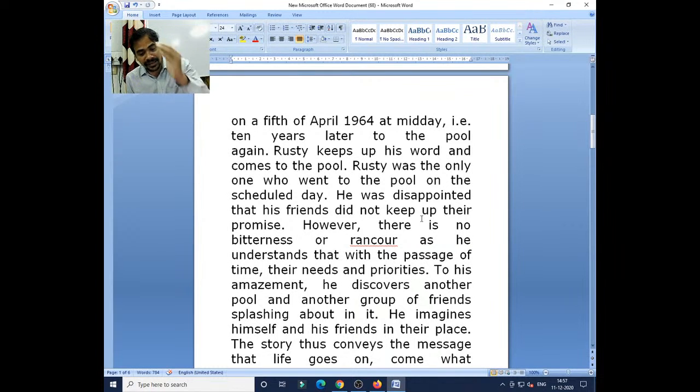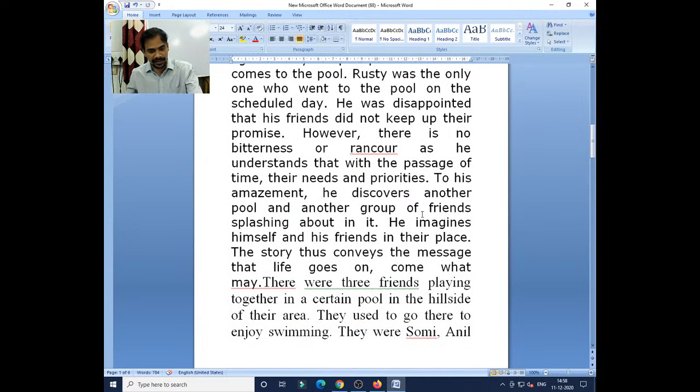However, there is no bitterness or rancor, as he understands the passage of time. Now I was discussing the time factor. You can see here the time factor, the passage of time, their needs and priorities.